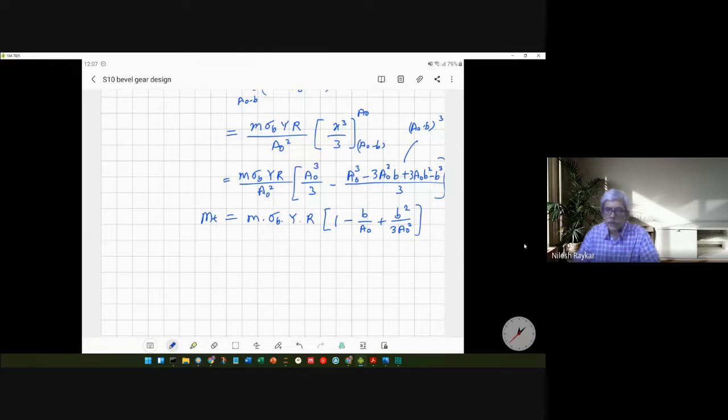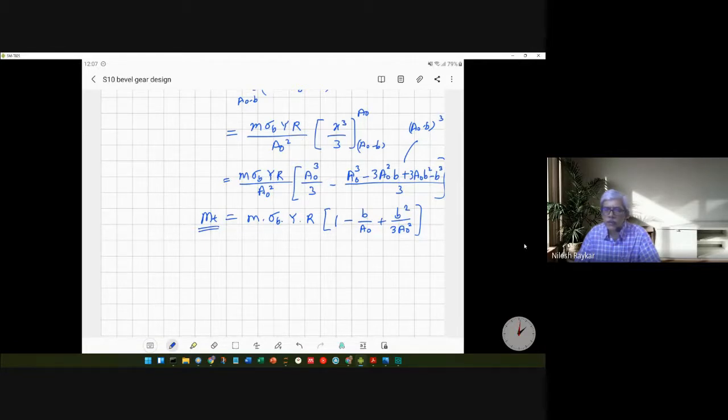Now, since for gears, helical gear, we always express the bending strength in terms of force, we have to convert this torque into the force part. So note here that this torque is converted into force not at the midpoint of the tooth like we did in the force analysis.